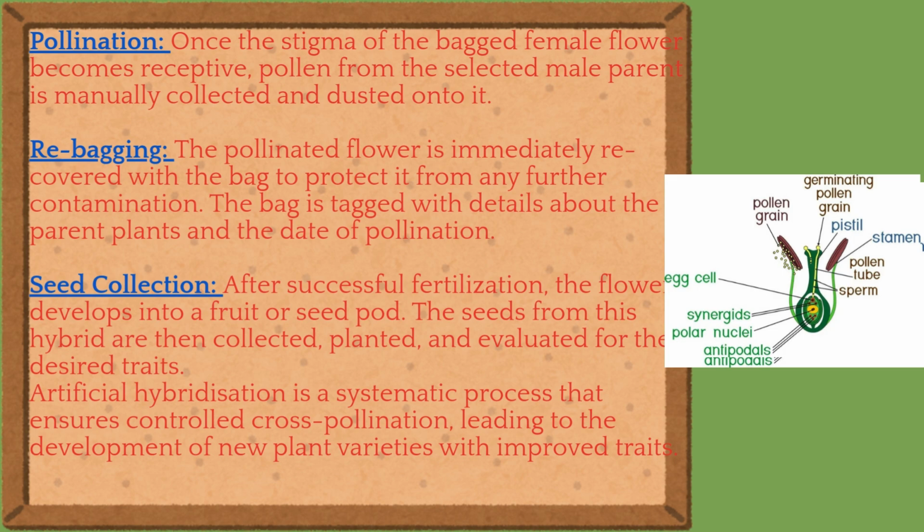The bag is tagged with details about the parent plant and the date of pollination. Now, the next step is seed collection. After successful fertilization, the flower develops into a fruit or a seed pod.